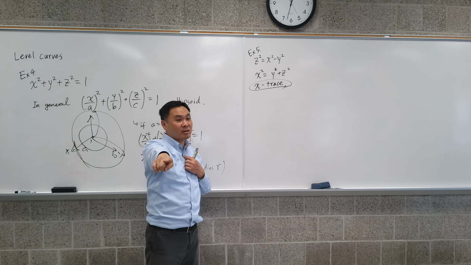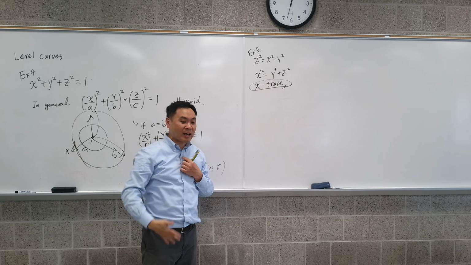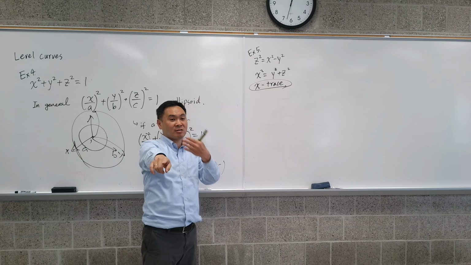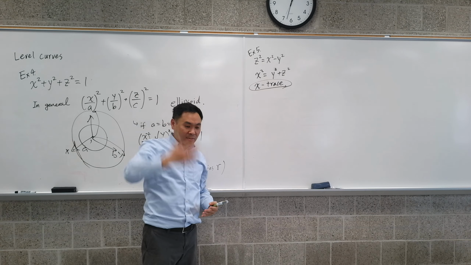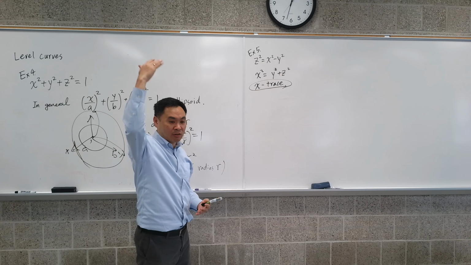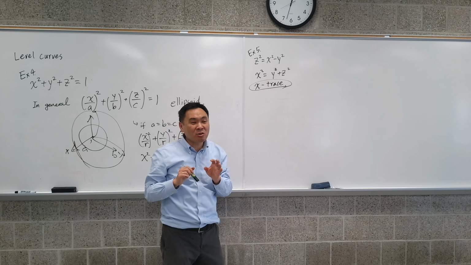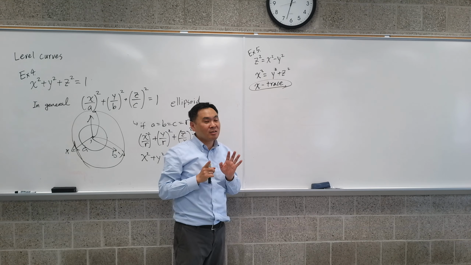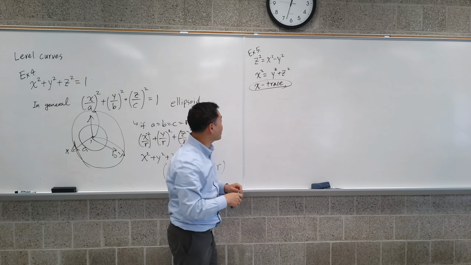You want to set x equals to 1. What's x equals to 1? It's a plane that's perpendicular to the x-axis crossing at 1, right? So you have x equals to 1, x equals to 2, x equals to 3. So in other words, when you say x trace, you're really taking level curves, not going up, but rather going in the x direction. That's what you're doing.